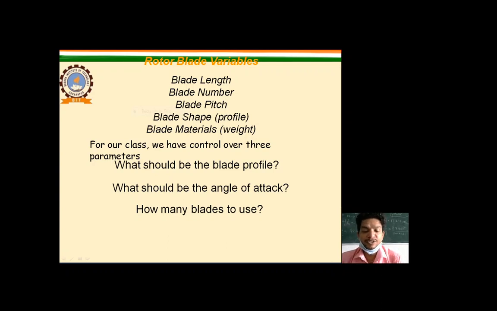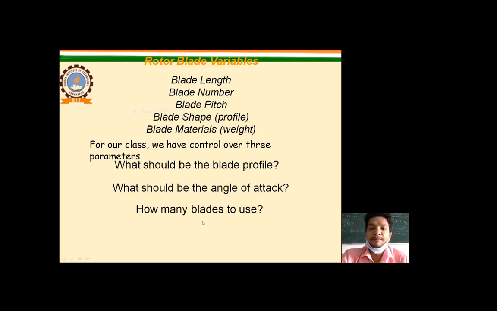Now the second question is what should be the angle of attack? The angle of attack is one of the most important points for developing an efficient result finally. And how many blades to use?